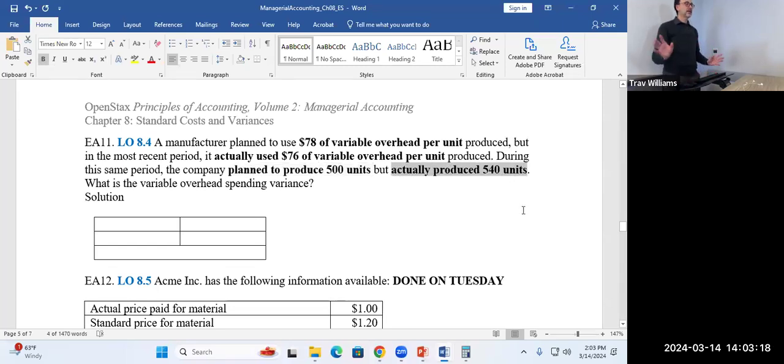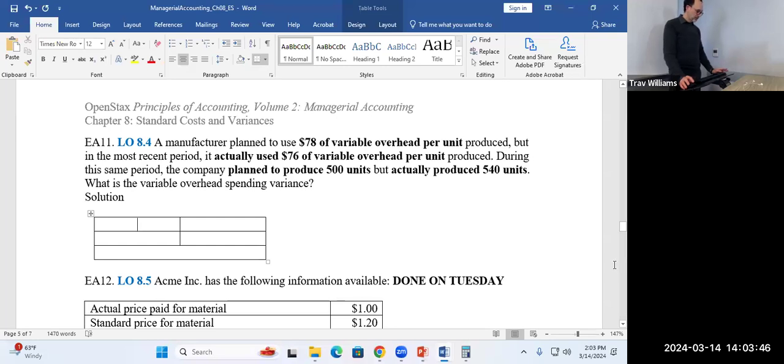Now, we don't have any information about hours or any other overhead activity. So the only thing we can use for quantity would be the number of units. So now we have to figure out the overhead spending variance. By spending, they're talking about the rate variance.